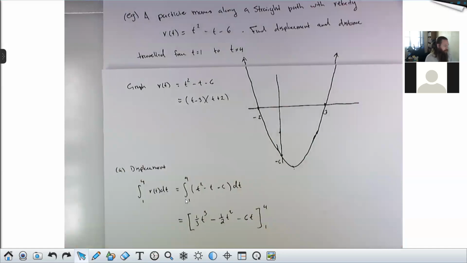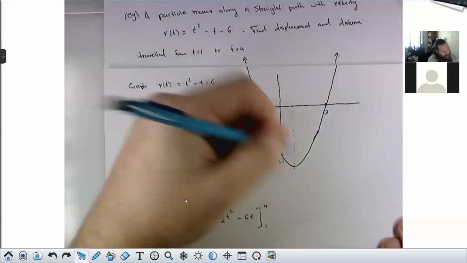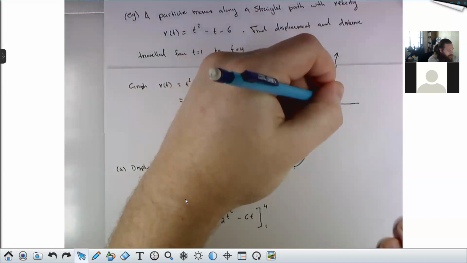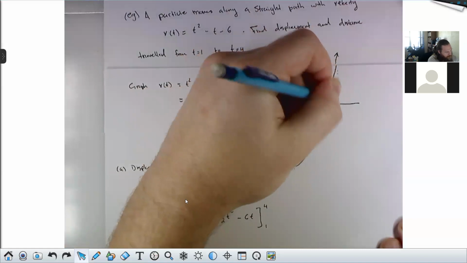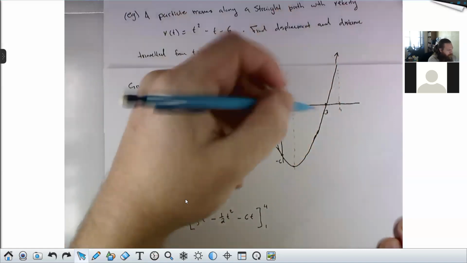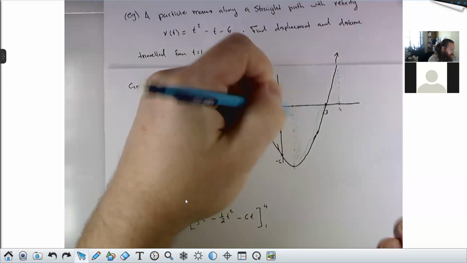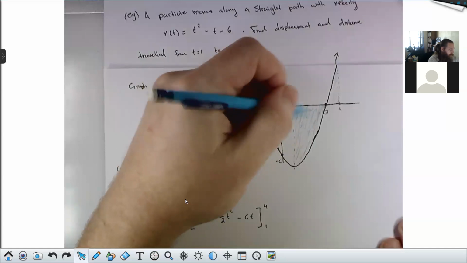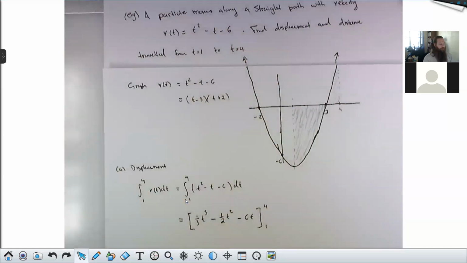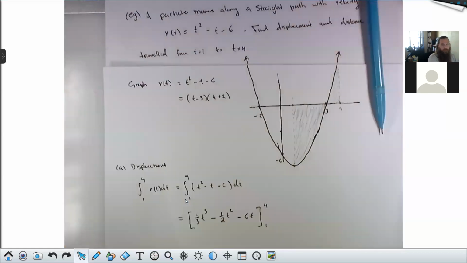What we're finding here is this area. Right, that's what this integral is going to give us.